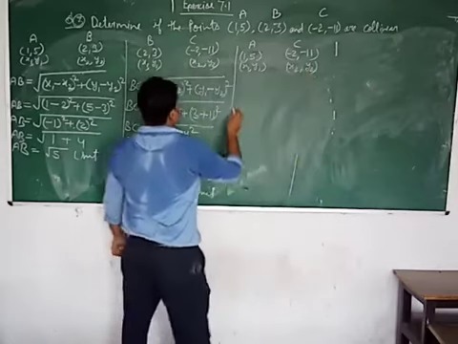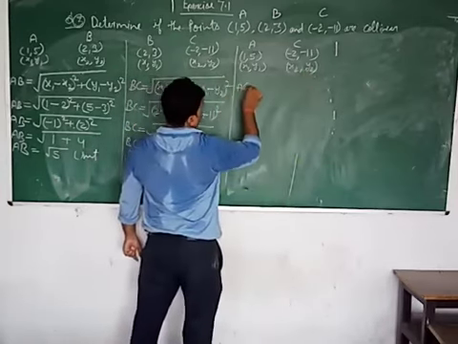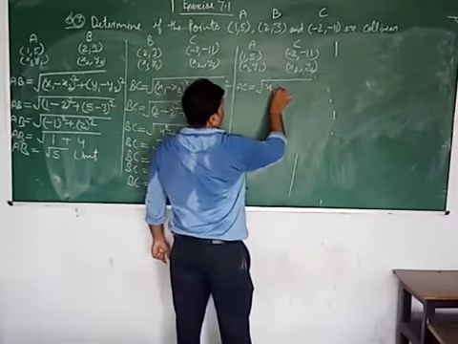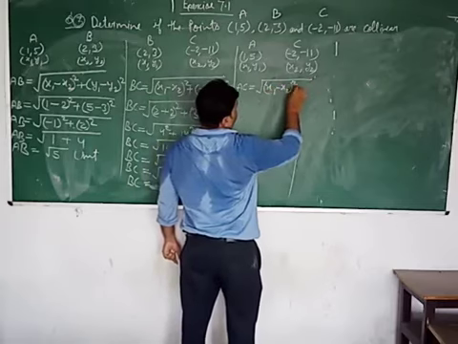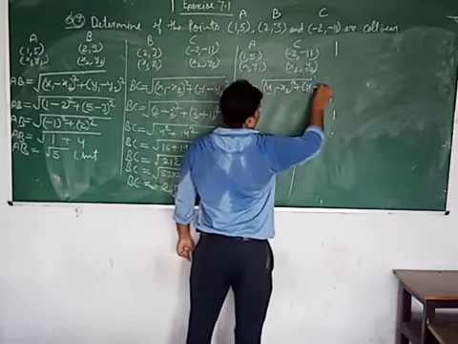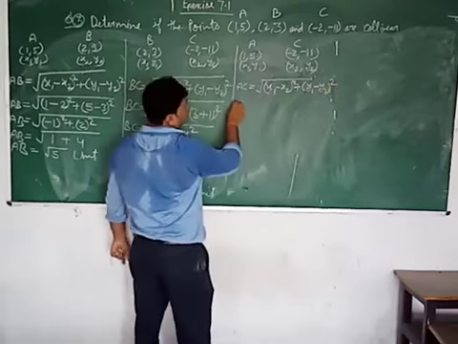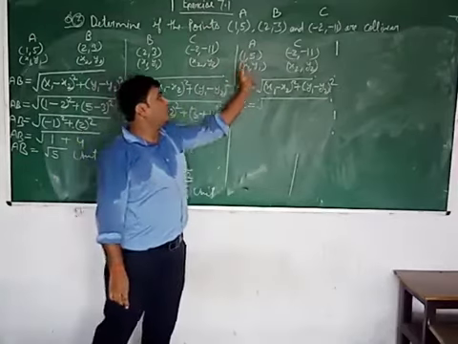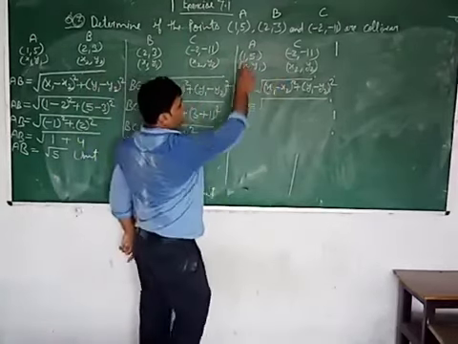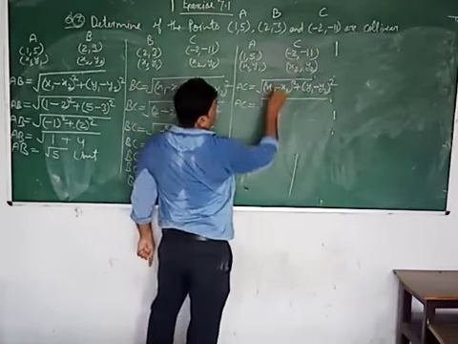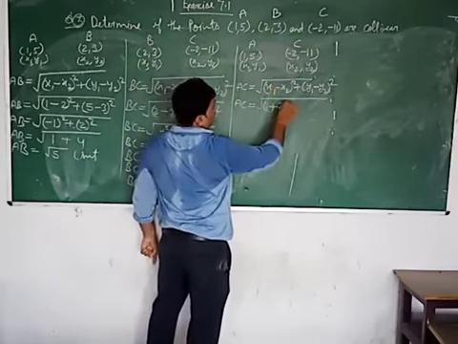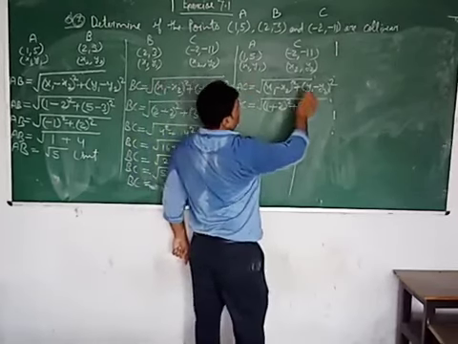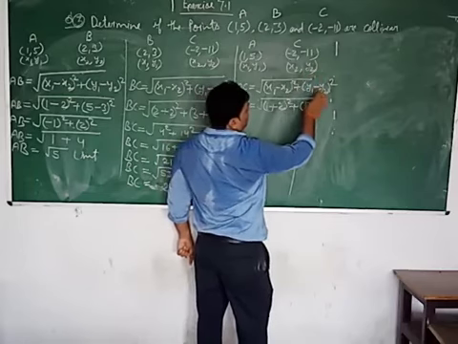AC equal to the square root of (x1 minus x2) whole square plus (y1 minus y2) whole square. x1 is 1 and x2 is -2, here it is minus and here it is minus, so it will be plus: 1 plus 2, square. y1 is 5, y2 is -11, and here it is minus, so it will be plus.